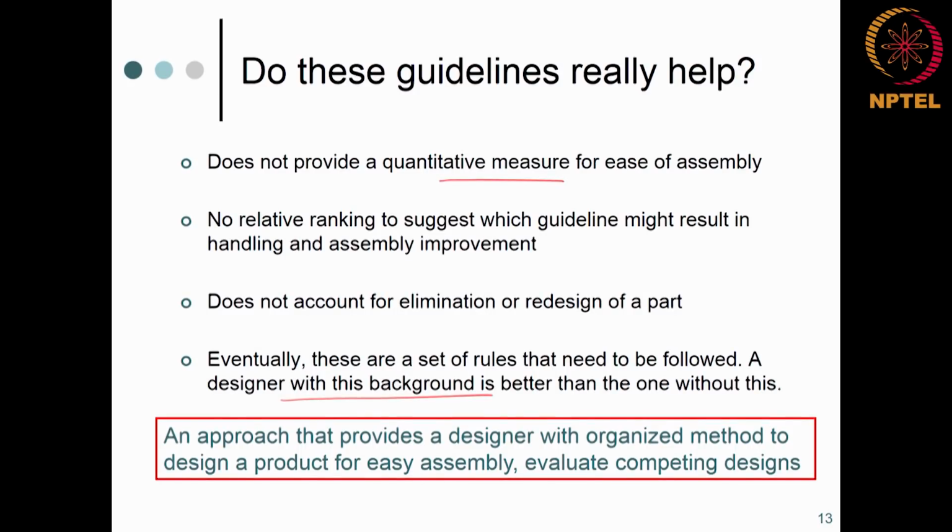Instead, what we want is an approach that offers a designer, just like a funnel element tool or something, an organized method to design a product for easy assembly. You should be able to evaluate the assembly before going into production, be able to compare it with competing designs.